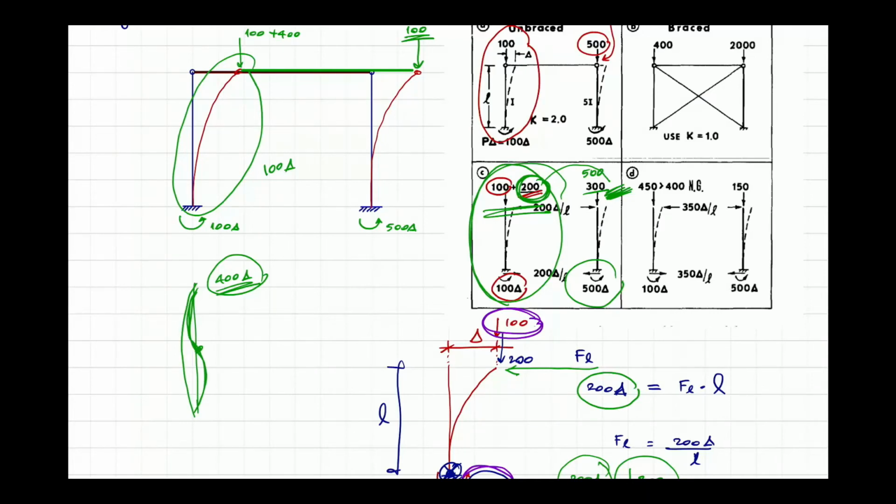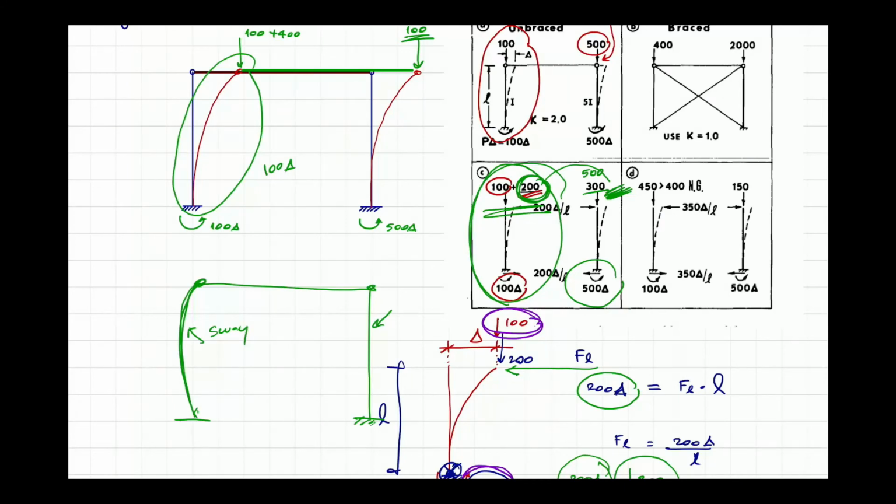That means the column itself will buckle, and it will buckle locally, so just one point here, whereas the other side is still solid. So this side, the right hand side column, is working as the part that produces the stability against the sway in the left column.